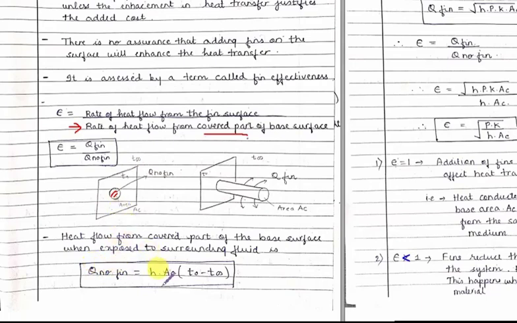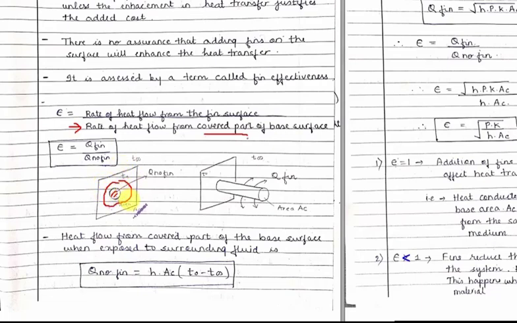What is Newton's law of cooling? hA delta T, where A is the cross sectional area, and T0 minus T infinity, right? So this is the heat transfer from the part which is covered by the fin surface. So this is Q no fin. We are talking about this part only.